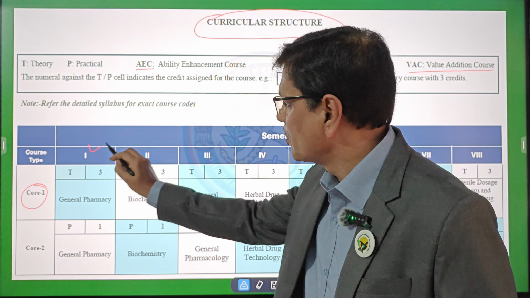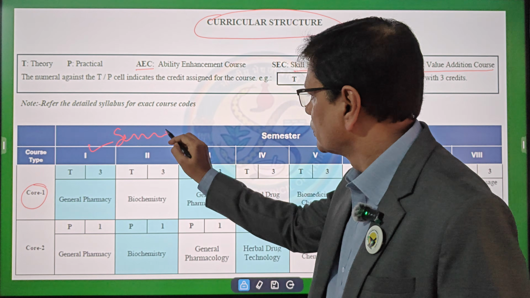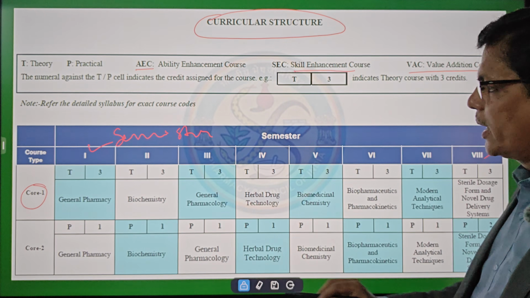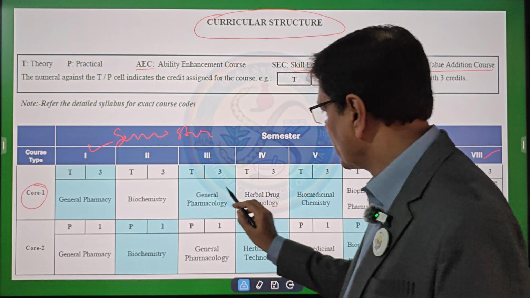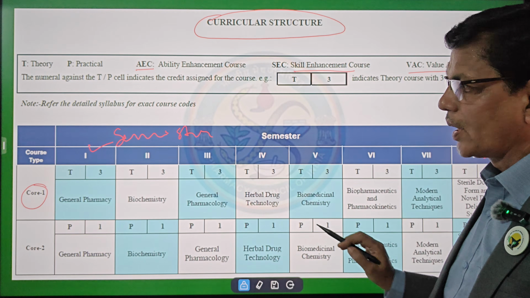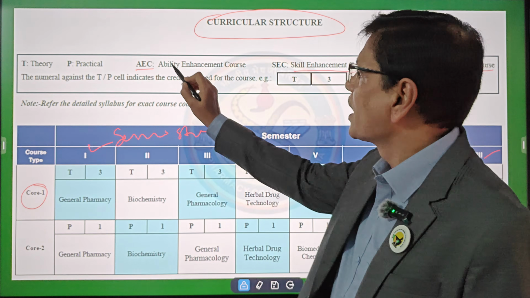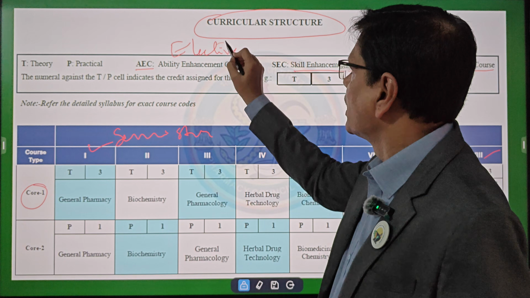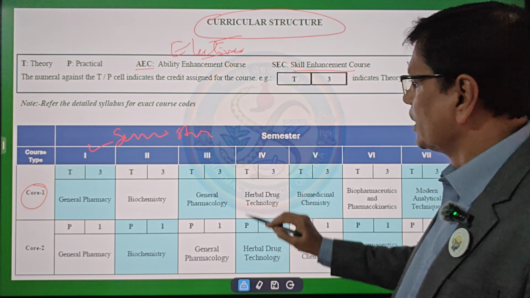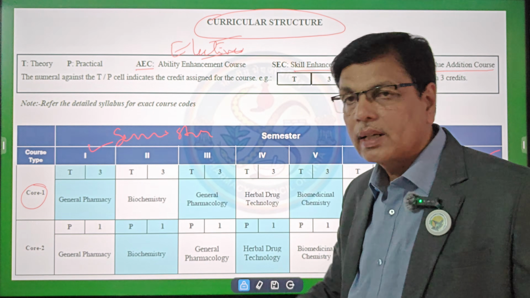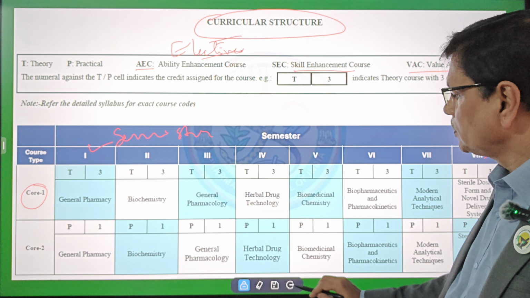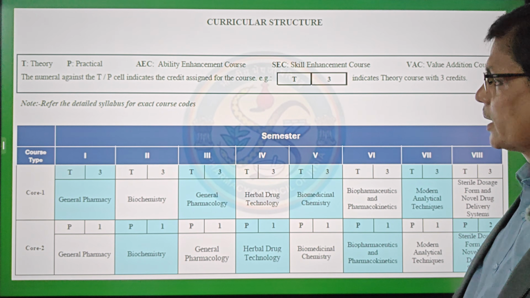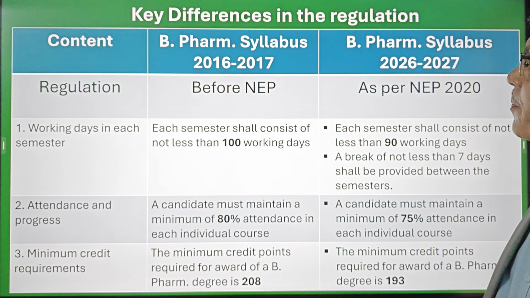So these are all semester 1 to 8 and they are all core courses. Along with the core courses, there are electives. These electives are listed in the particular semester. So regarding this slide, we will discuss in the later part.